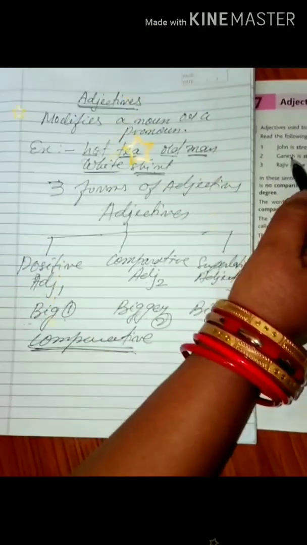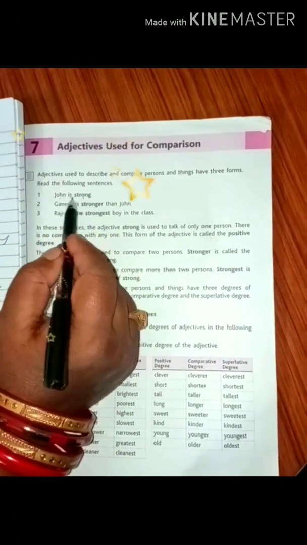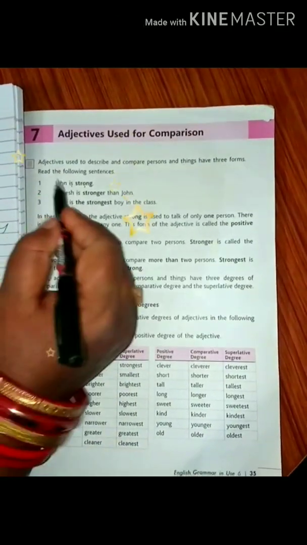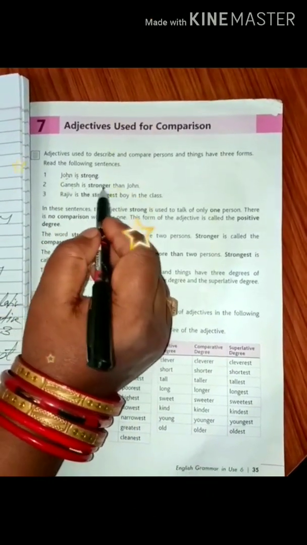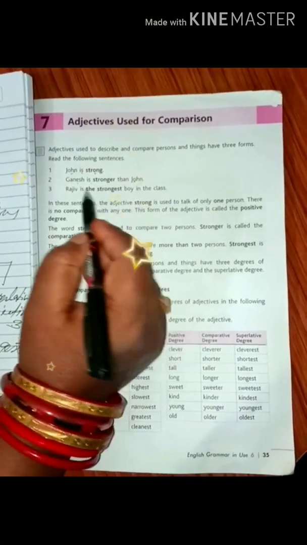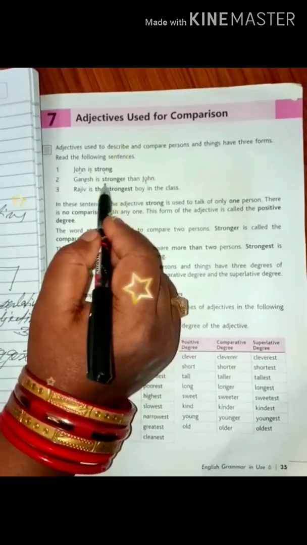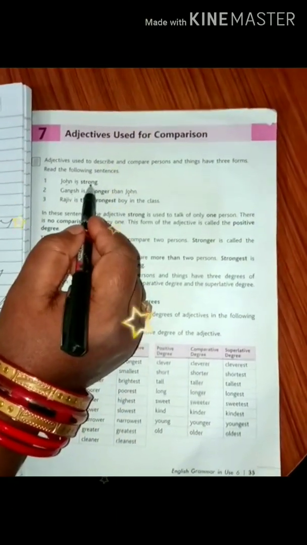See in the textbook, in the example, John is strong. John is strong here, so it is telling about only one person, that is John. In the second, Ganesh is stronger than John. So it is talking about two persons, Ganesh and John. This word stronger is an increase over strong, isn't it?